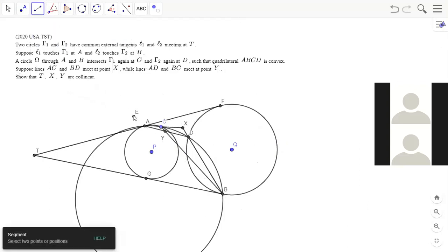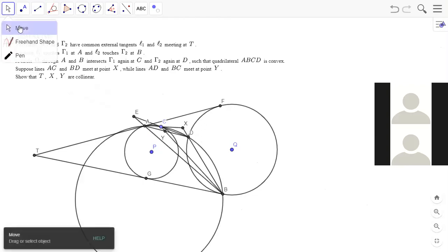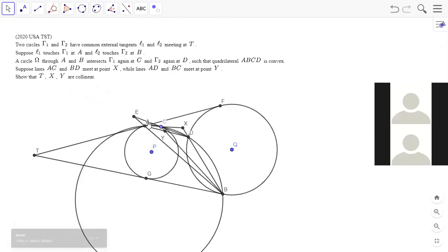Okay, so XY is the polar of E with respect to the circle ABCD.